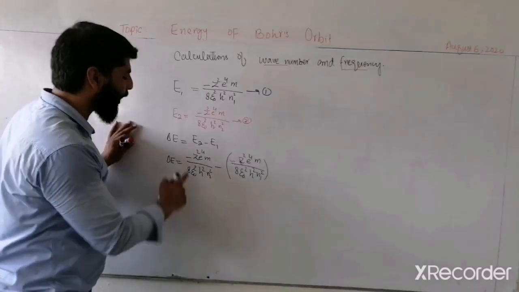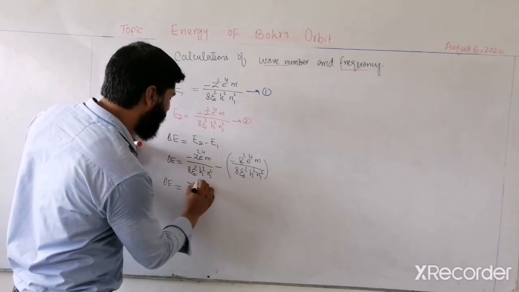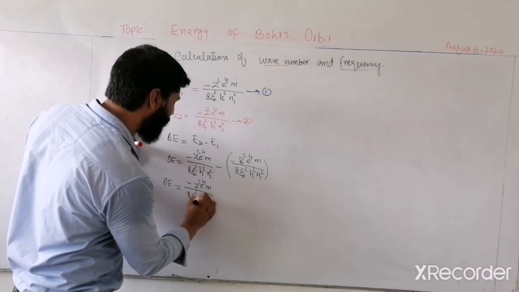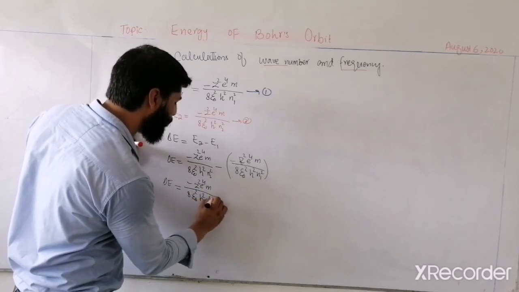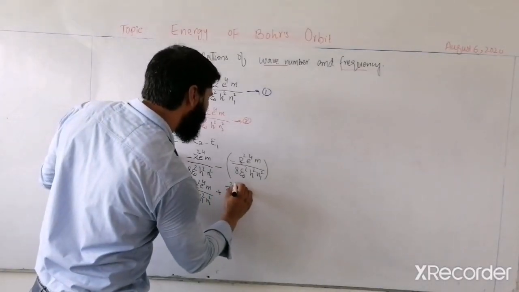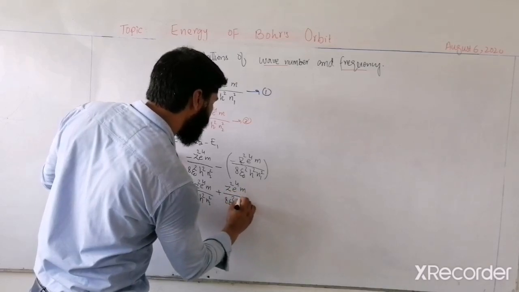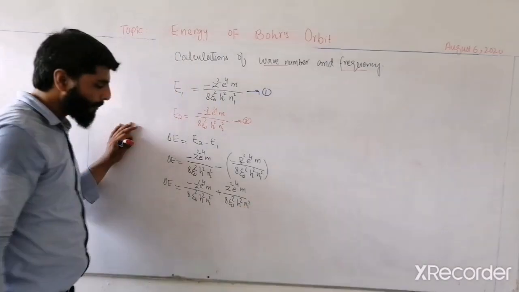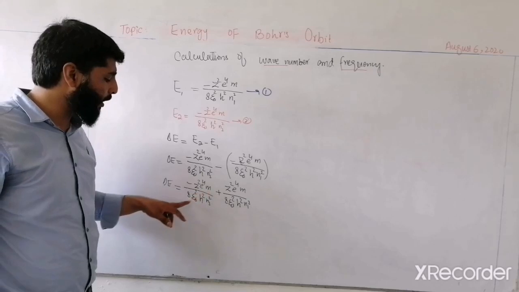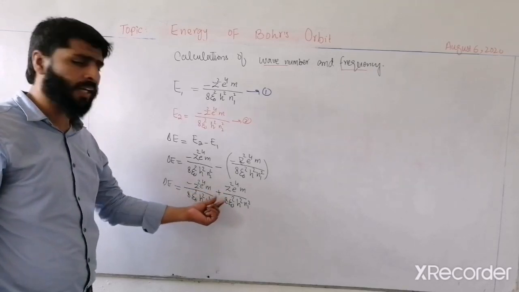On simplification, you will get delta E as minus Z square e4 m divided by 8 epsilon naught square h square n 2 square, minus into minus, plus Z square e4 m divided by 8 epsilon naught square h square n 1 square. You can see here Z square e4 m divided by 8 epsilon naught square h square is common in both factors.